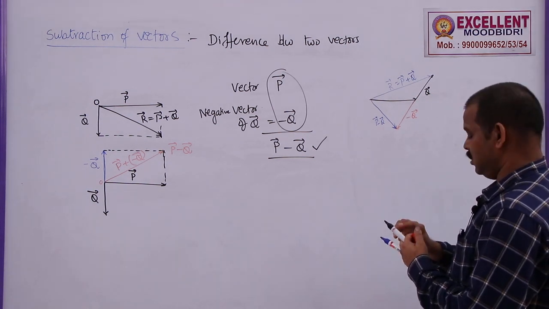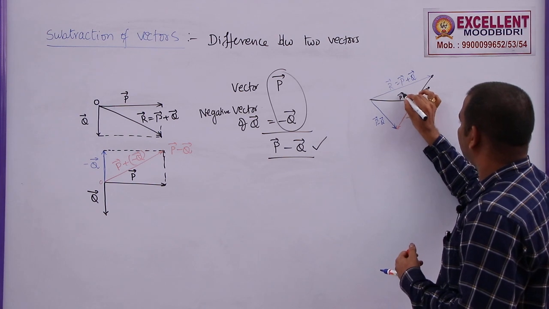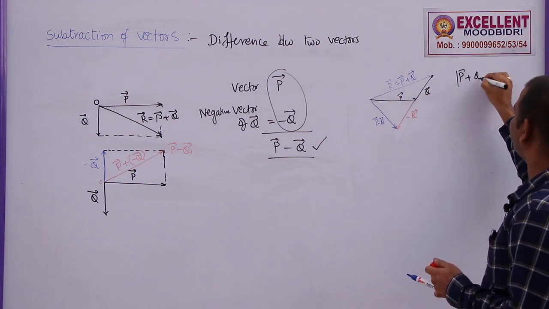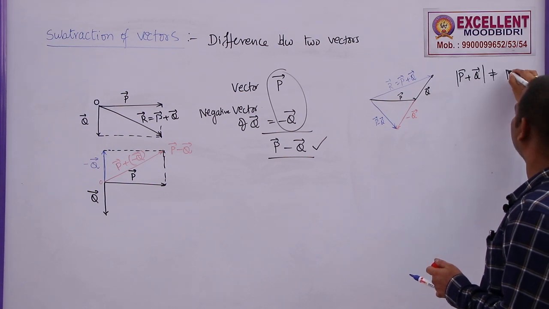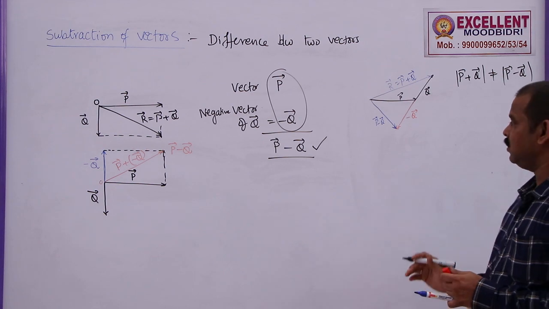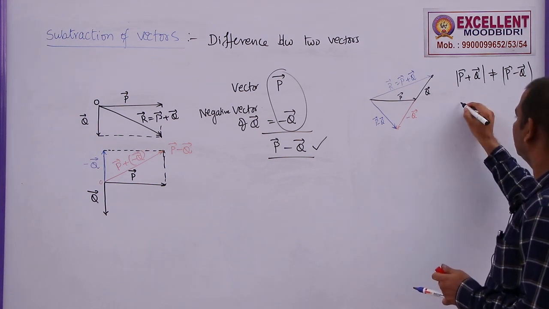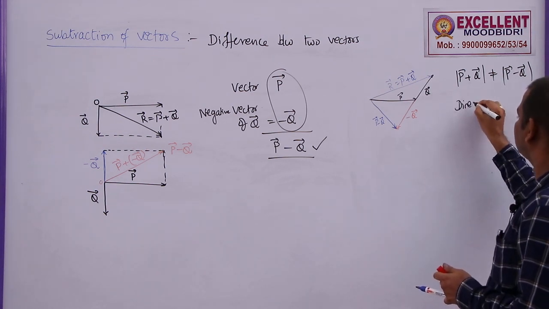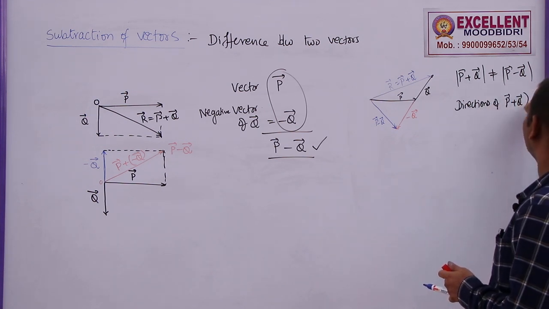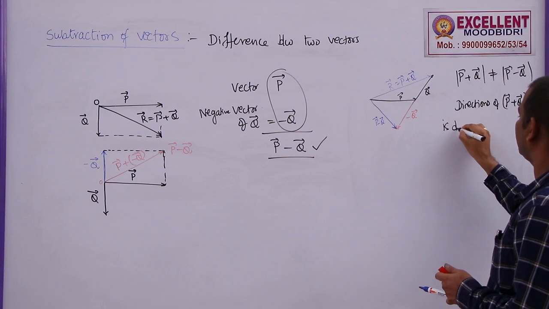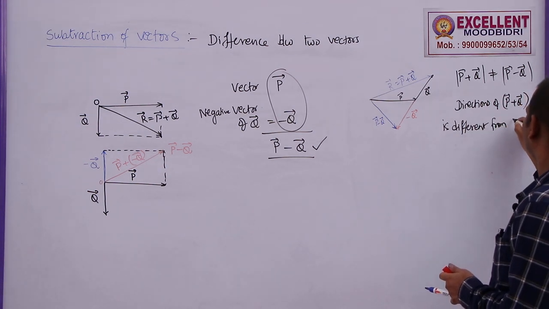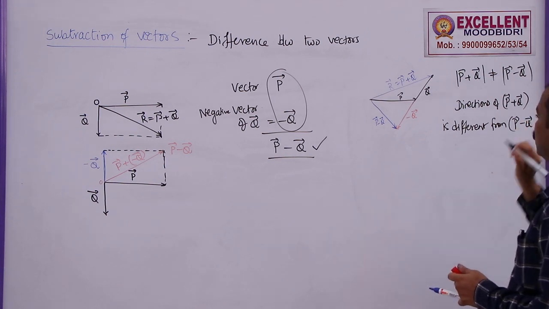That's why I am going to write: the magnitude of P bar plus Q bar is not equal to that of P bar minus Q bar. Magnitudes are different and their directions are also different. The direction of P bar plus Q bar is different from that of P bar minus Q bar.